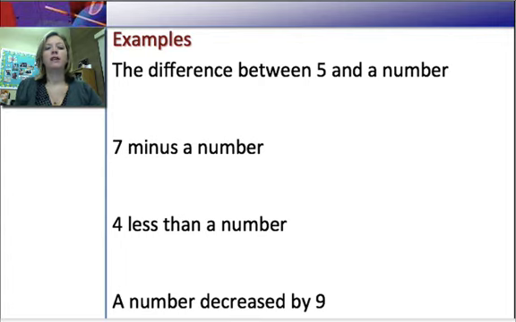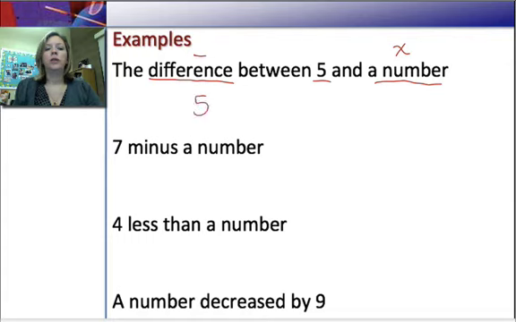If I want to write the difference between 5 and a number, look back on your list, remember that difference means subtract, right? And we want to go in the order that we see. So we have 5 and a number. And notice I'm underlining the important words here. I don't know what that number is, so I can use x to represent that number, or any other variable.